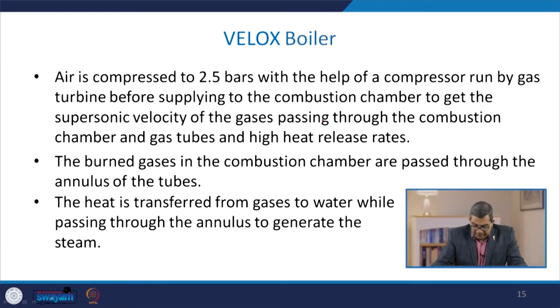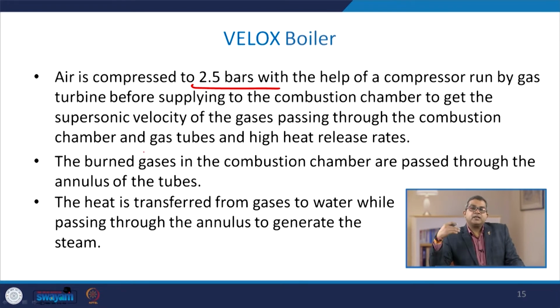Now usually air is compressed to say 2.5 bars with the help of a compressor run by a gas turbine before supplying to the combustion chamber, to get the supersonic velocity of the gases passing through the combustion chamber and gas tubes, apart from the high heat release rates.